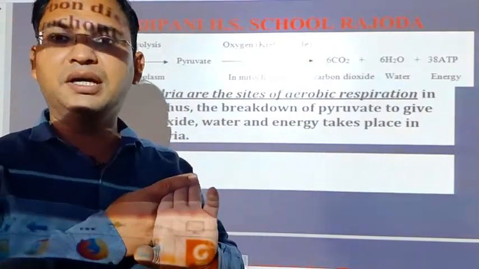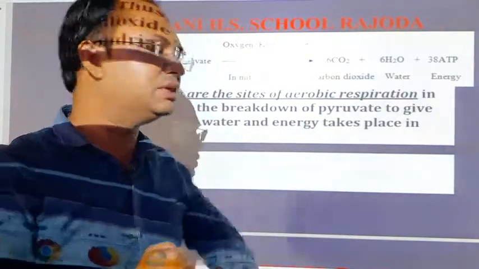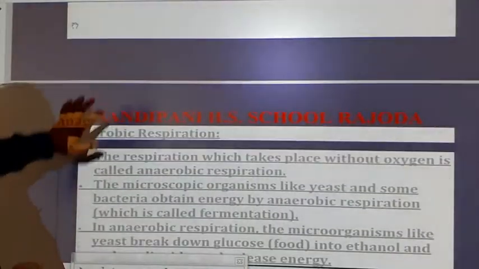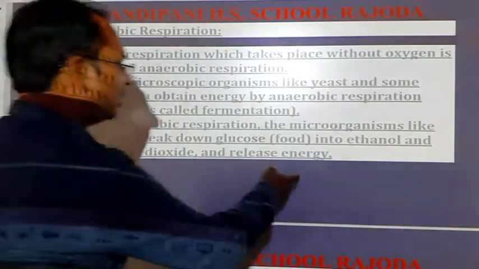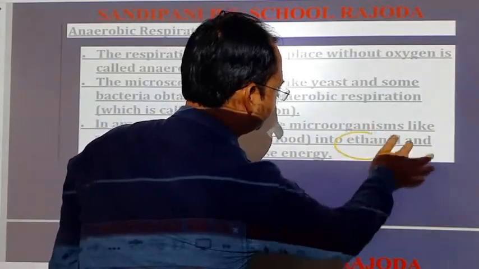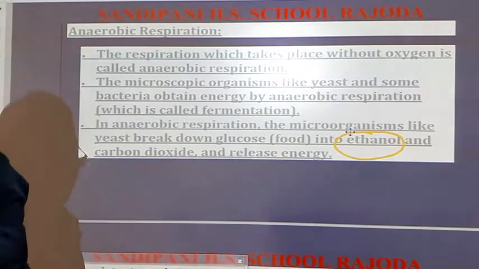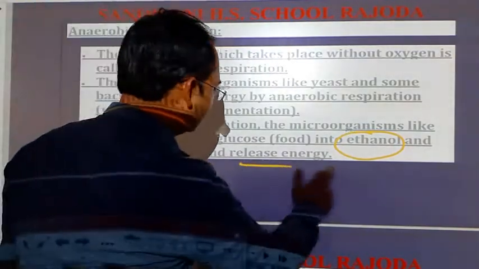We have seen ATP, adenosine triphosphate. But students, in anaerobic respiration, ethanol, alcohol, is produced, and carbon dioxide, and energy is released.